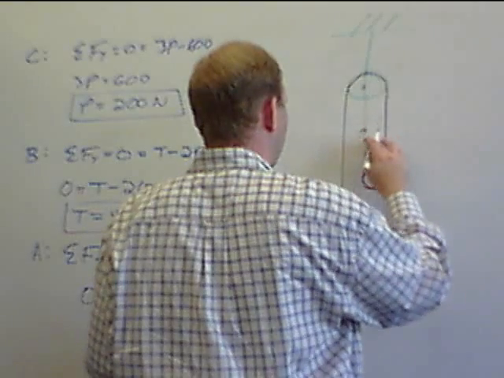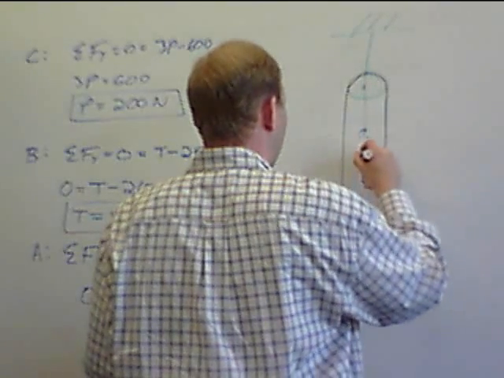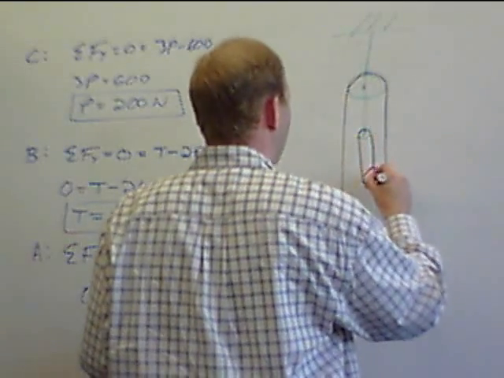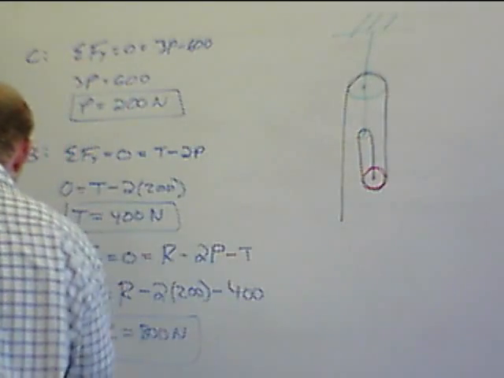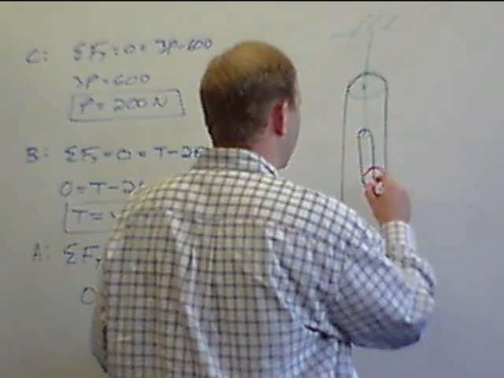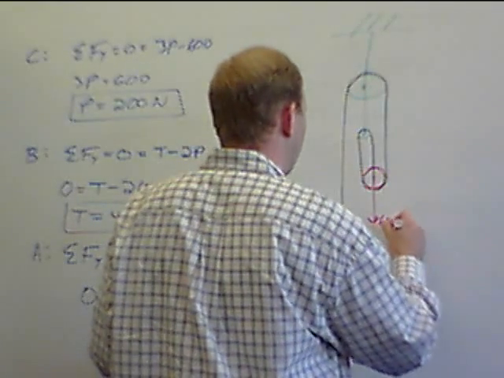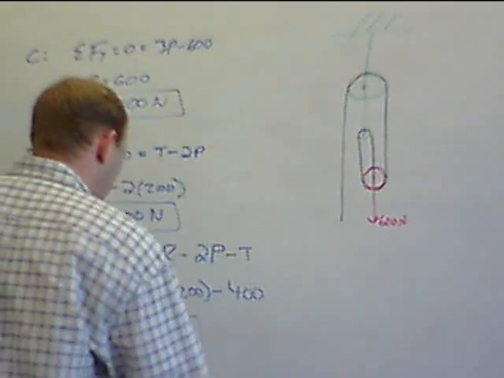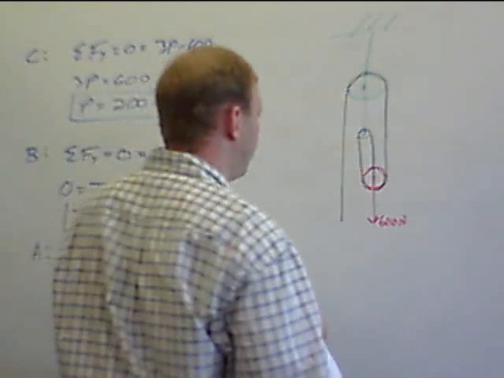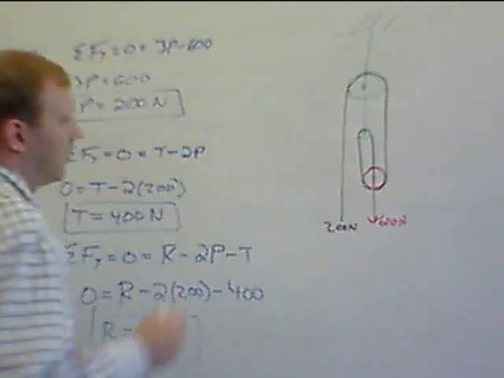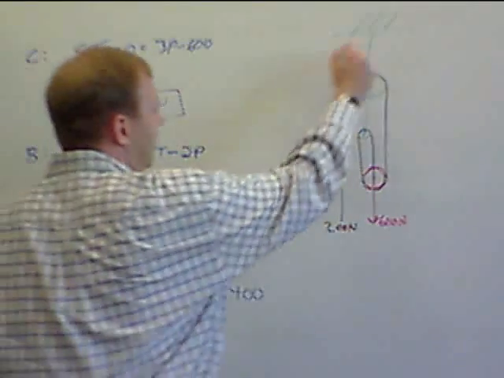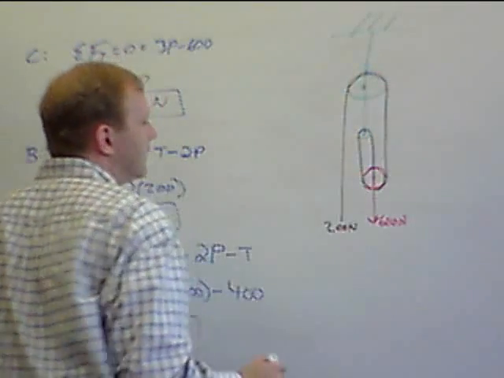Oops, connected that to the wrong edge. That goes there. And pretend those two are vertical. And we're going to have our 600 Newton load here. And we found that our force P applied at the bottom was 200 newtons. Okay, this allows us to say that the tension throughout this whole system is 200.